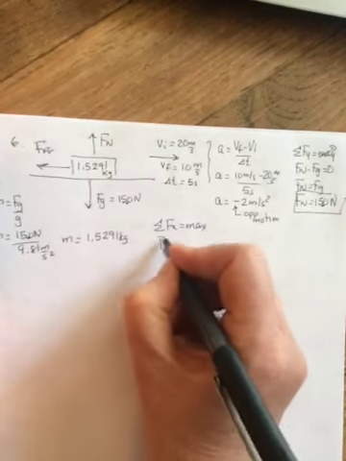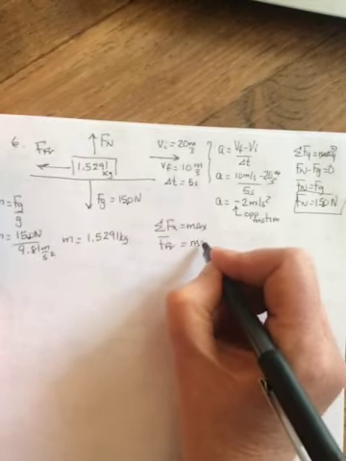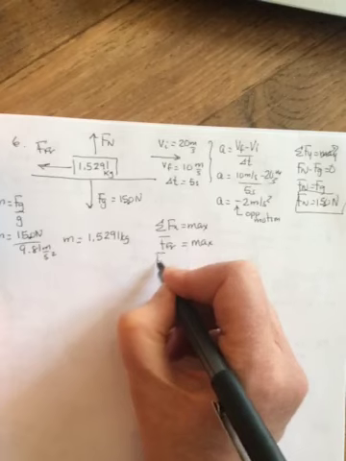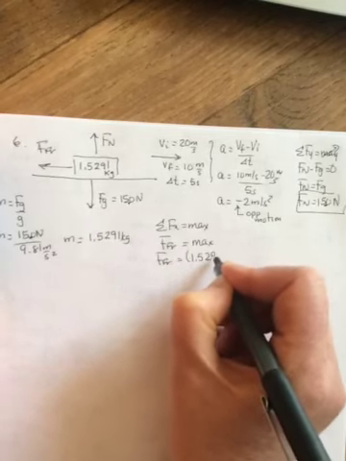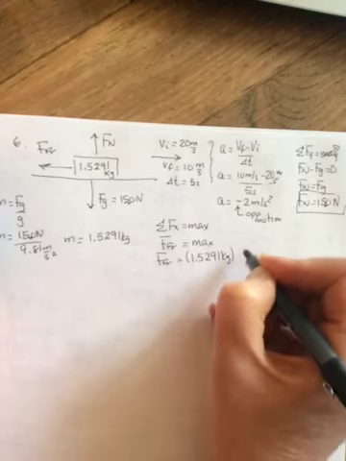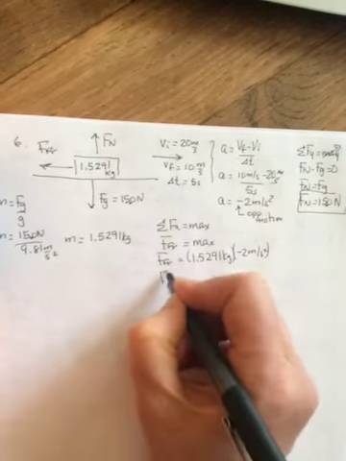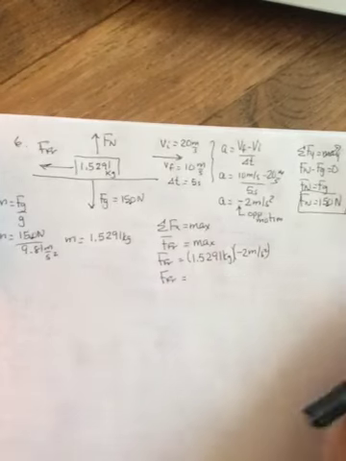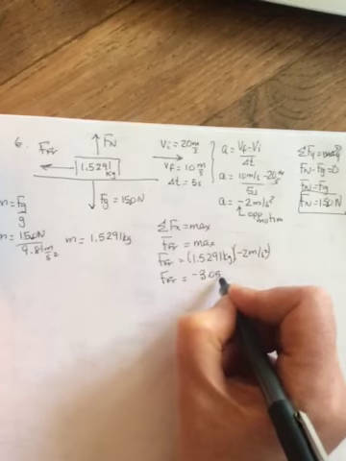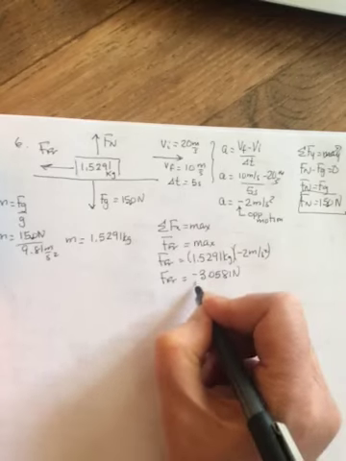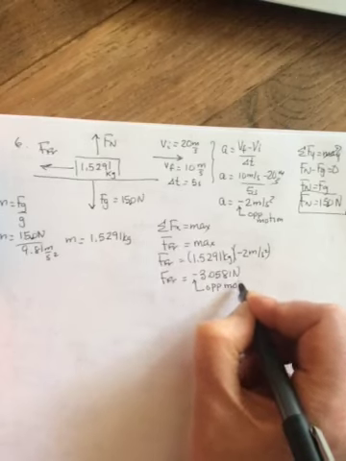In the x direction, we have friction acting backward, and that's equal to max. So friction is going to be 1.5291 kilograms times this negative 2 meters per second squared. And so we will get a frictional force of negative 3.0581 newtons. And the negative just means opposite motion.